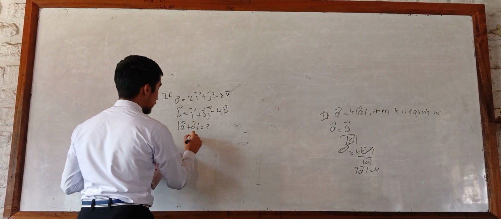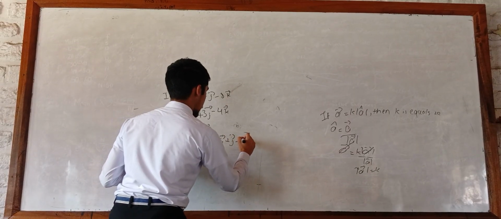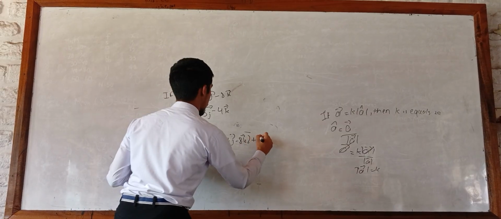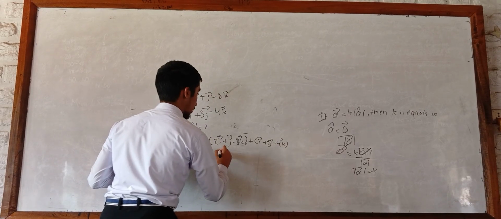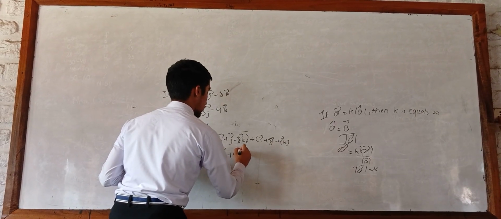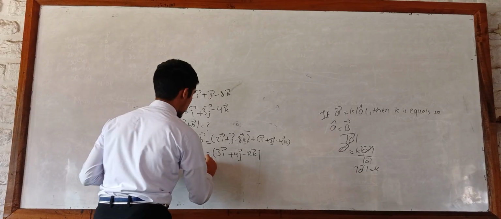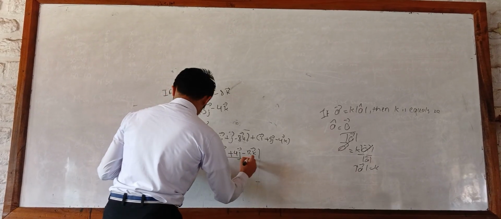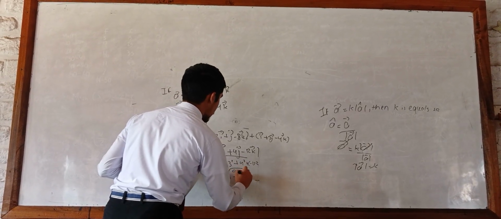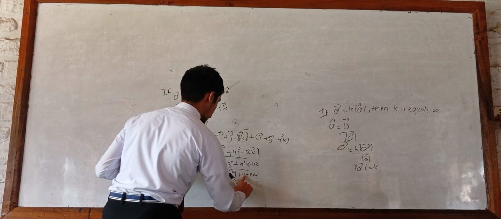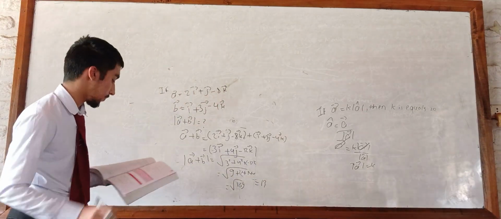Before finding that, we have to find the sum of A vector plus B vector, which will be... now we can find the magnitude. This is our option number 8.